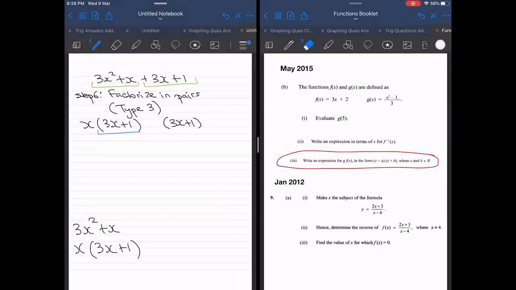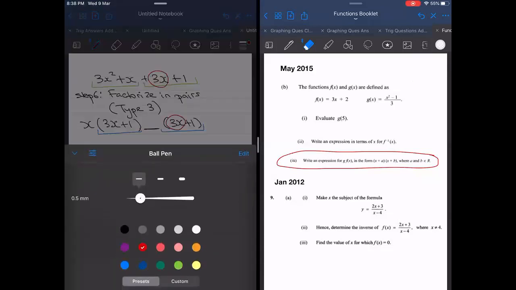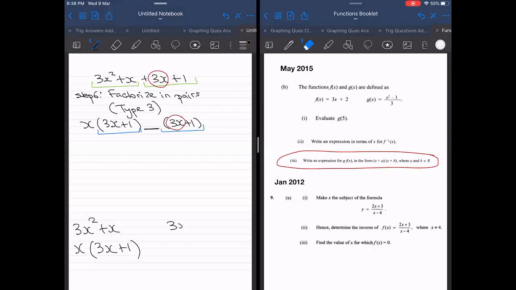Again, when you look at my videos with the type 3, it will help. Essentially all you need to do is figure out what goes there, and to figure that out, you just divide those two by each other. So 3x divided by 3x.